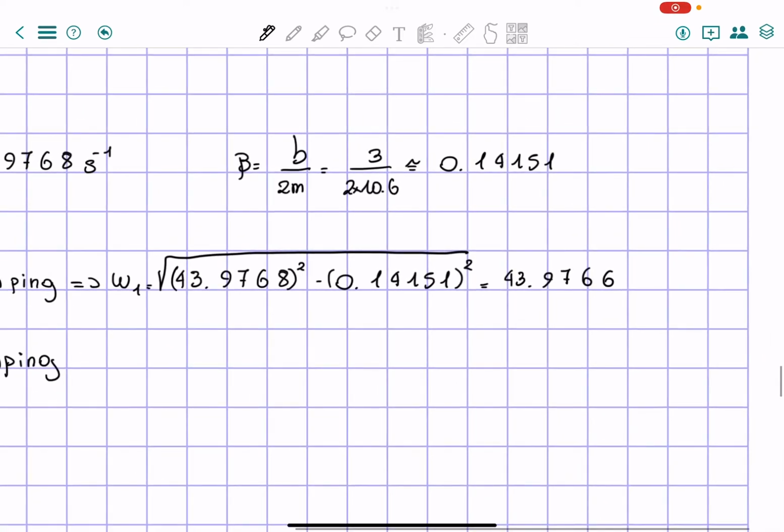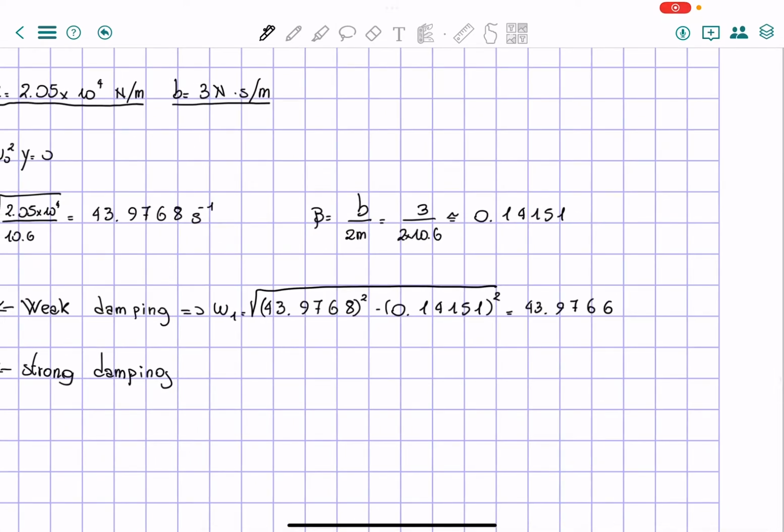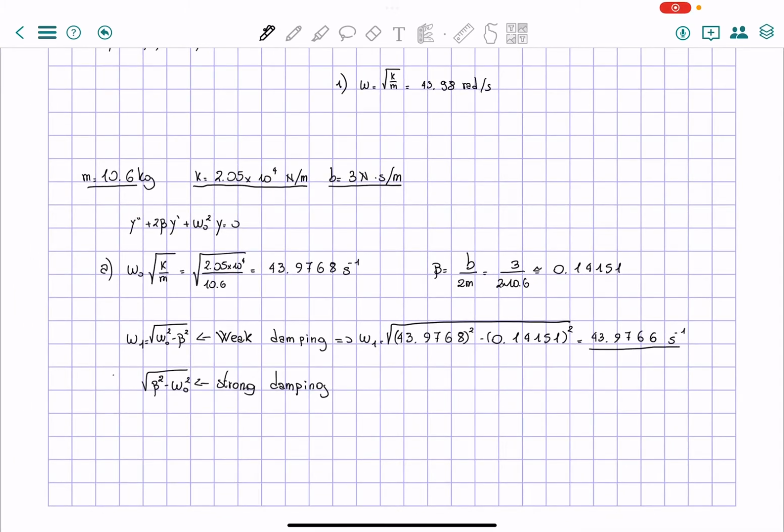And that's why I had to go into such detail with the numbers, because the damping is very, very weak, just 3 newton seconds per meter. So this is my final answer for part 1. This is going to be the frequency of oscillation for my damped oscillator.